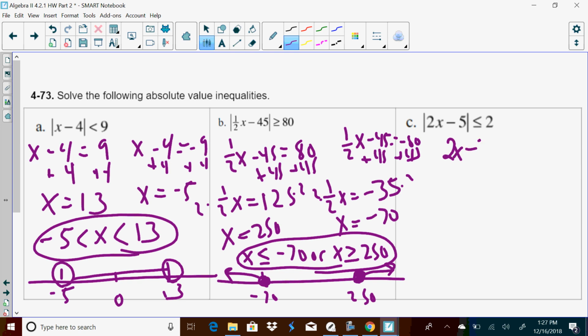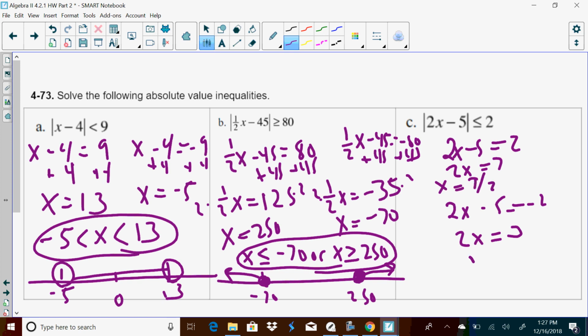Last one, 2x minus 5 equals 2. 2x minus 5 equals -2. So I get 2x equals 7. 2x equals 3. So I get 7 over 2 and 3 over 2.